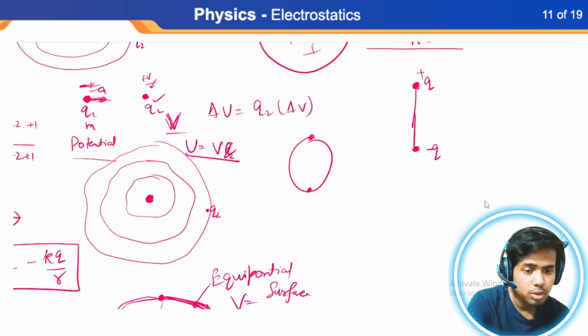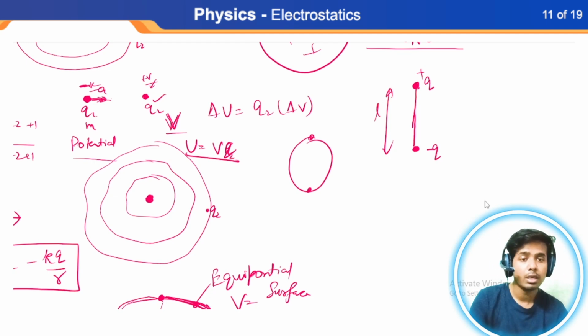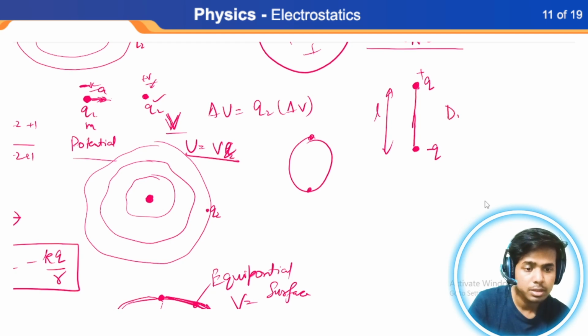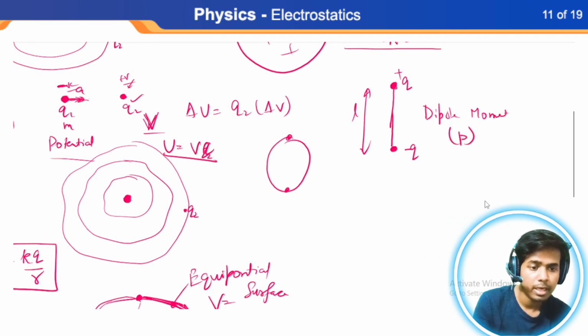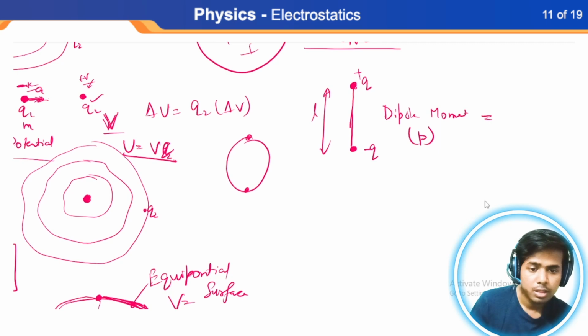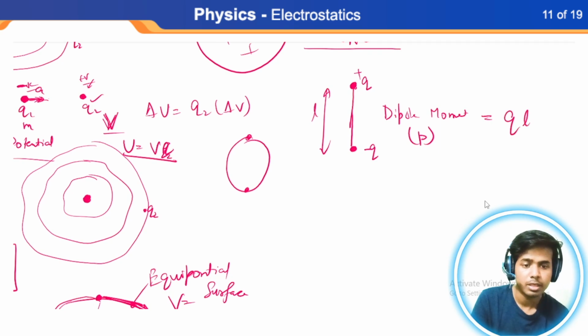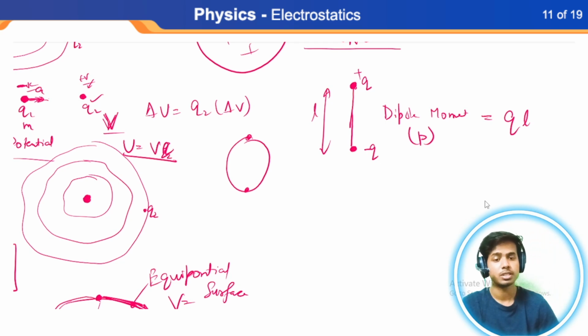अभी इसको ये मान लो यहाँ पर distance L है. Then we define a term called dipole moment, electric dipole moment, which is denoted by P, and it is equal to the charge on the body times L, the distance between the two opposite charges.